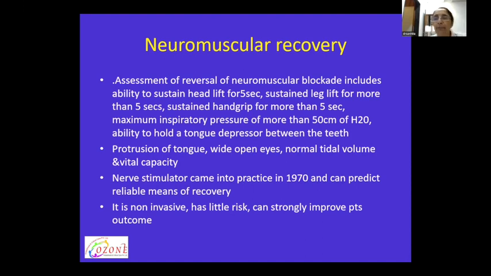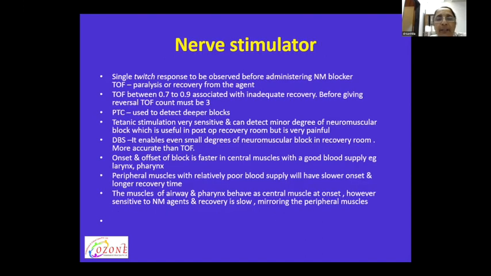The nerve stimulator, which came into practice in 1970, can predict recovery reliably. In prolonged procedures, longer duration, and in frail patients, we should definitely make use of a nerve stimulator. It is non-invasive, has little risk, and can strongly improve patient outcome. In short, about the nerve stimulator, there are various responses that can be observed.